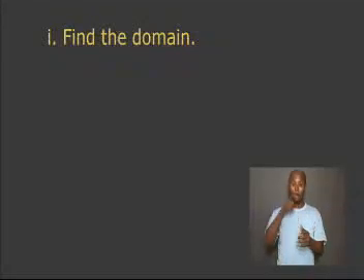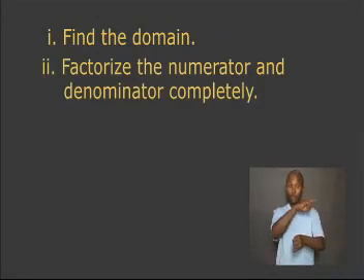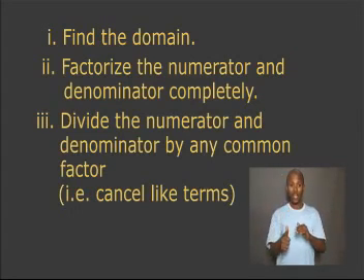To simplify a rational expression, we must first find the domain. Then we factorize the numerator and denominator completely. Finally, we divide the numerator and denominator by any common factor, canceling like terms.